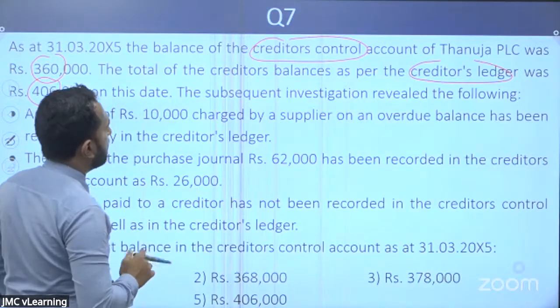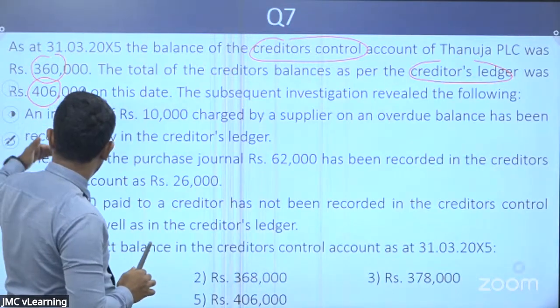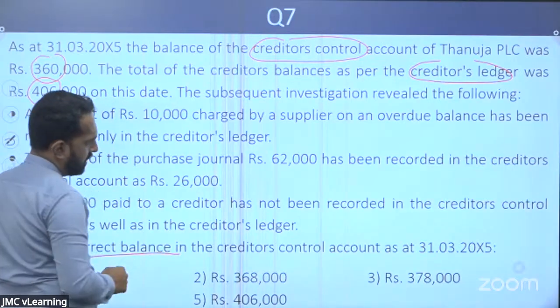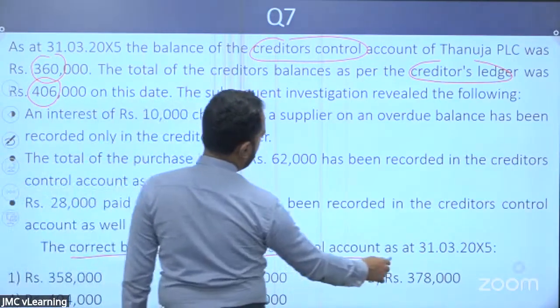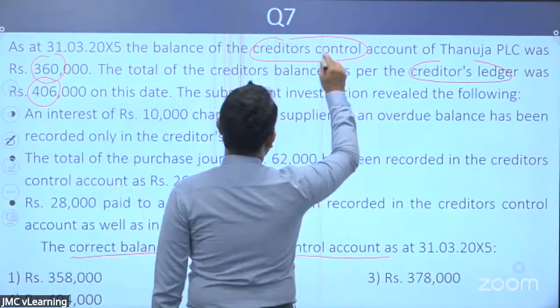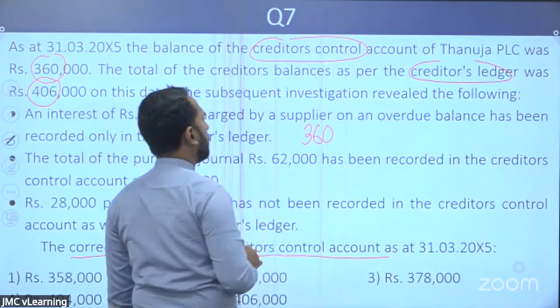The subsequent investigation revealed the following. There are several findings. The correct balance in the creditors control account is what we need to calculate. So we take the creditors control account balance as 360, and we need to do the correction.